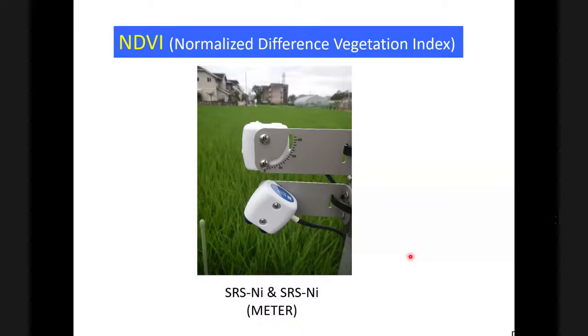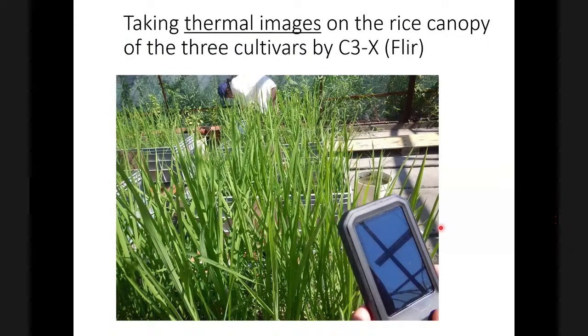If the NDVI value is close to 1, the plant has absorbed and utilized photosynthetically active radiation very fully, as I show later. NDVI can be measured by these sensors, and as I show later, it can also be predicted from a camera image. A thermal image was also taken by the camera. Okay, those are the experimental methods.